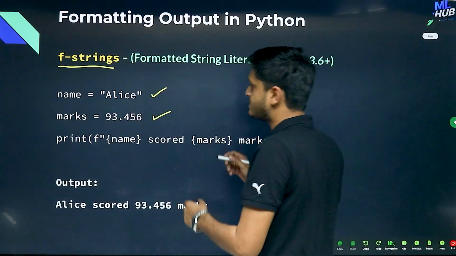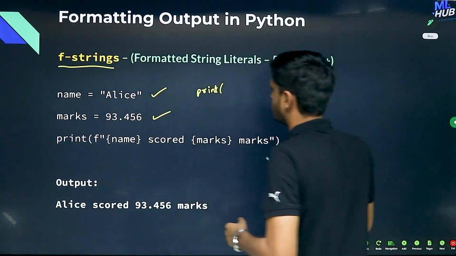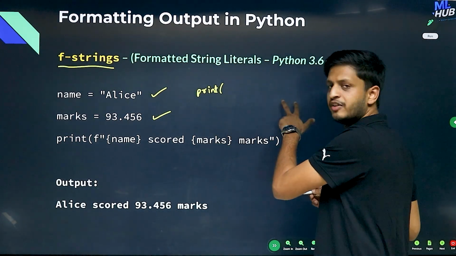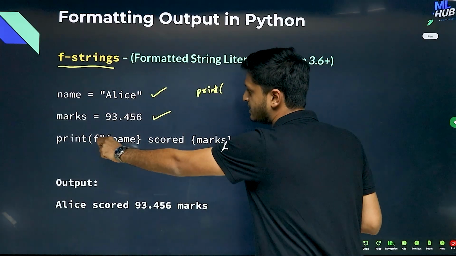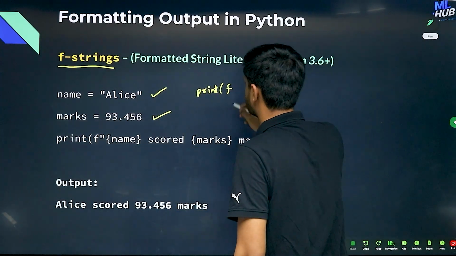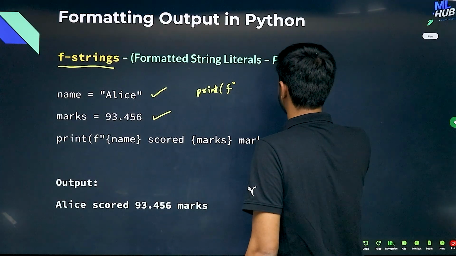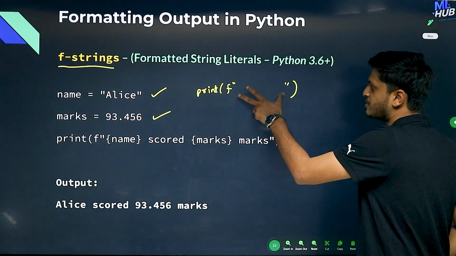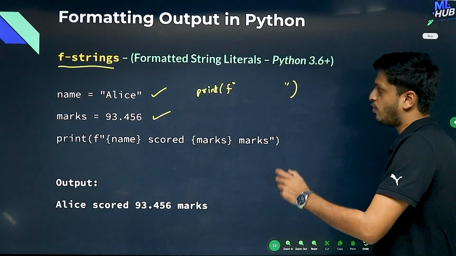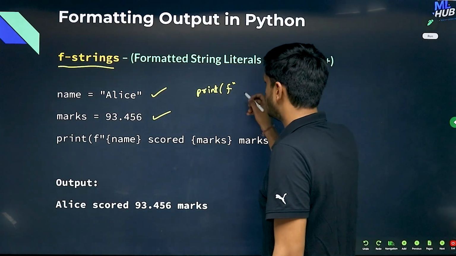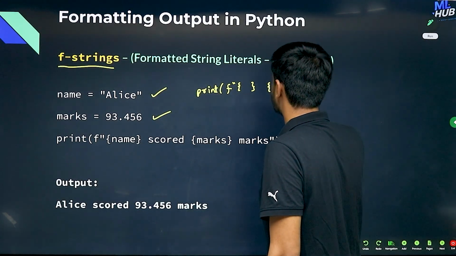So here the syntax goes like this: print. Now instead of directly writing what to print, the string starts with an F. That is why it is called an F string. So it starts with an F and then you write a string. Python now understands that this string is not a normal string, it's a formatted string instead. Now what happens in a formatted string? You can write variables inside curly brackets.